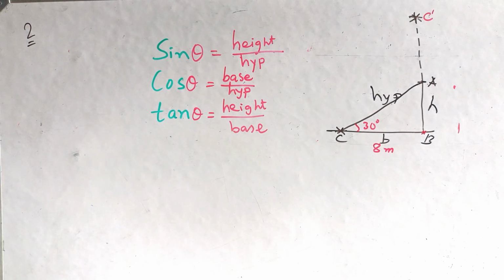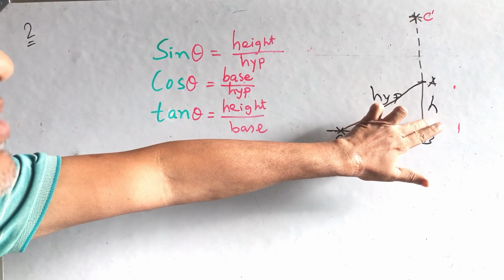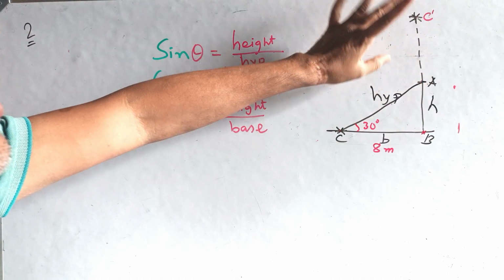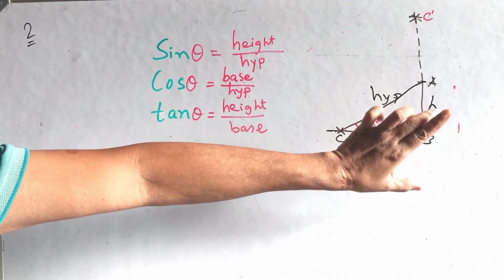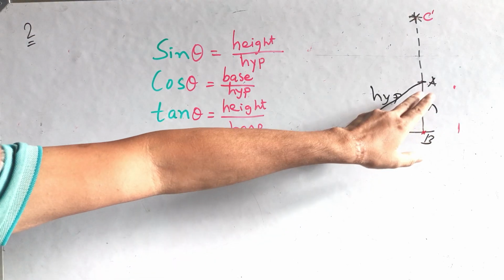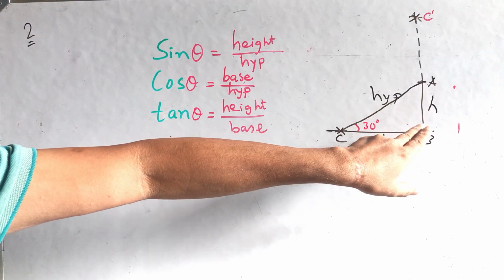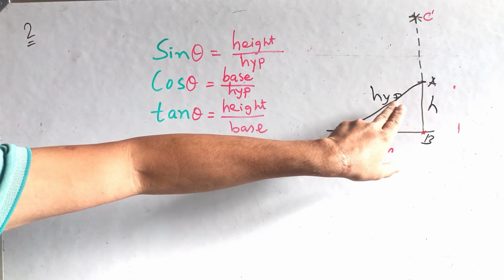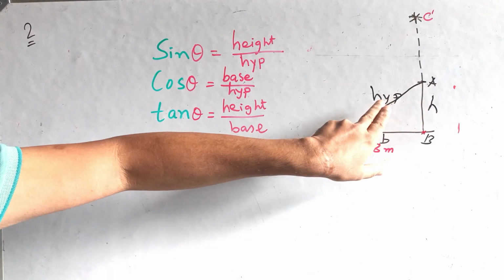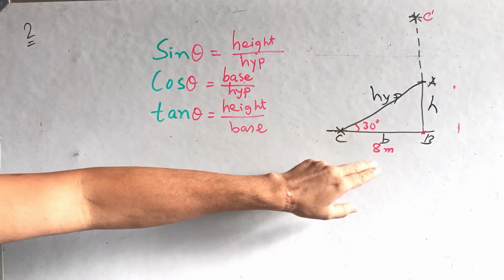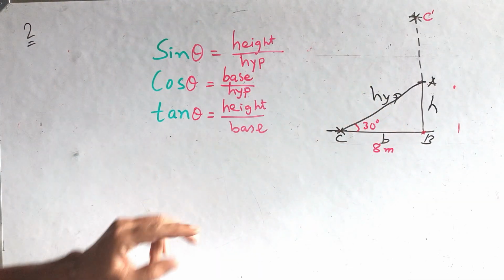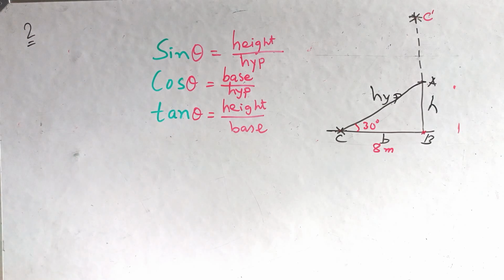Here only the base is given and the angle is given. From this information you have to find this height and this height, which is now the hypotenuse. So it is a two-step process. Let us first find out the hypotenuse, since the base is given, and then we can find the height. Base by hypotenuse is cos theta.